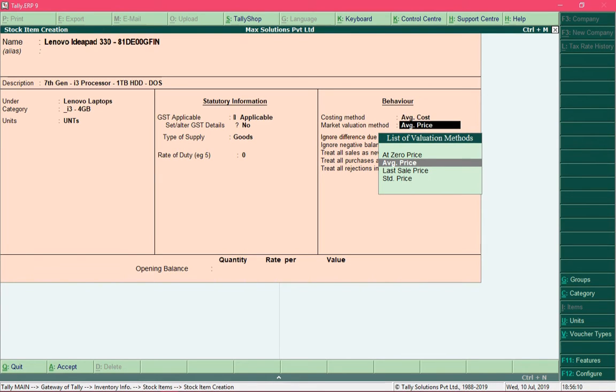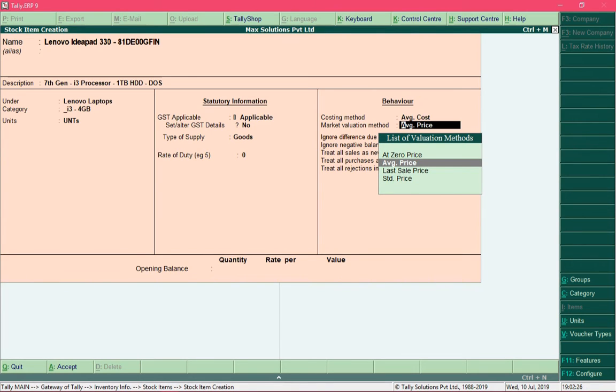The market valuation method will determine the worth of your stock which is lying in your inventory. So there may be cases where the price of a product may increase or decrease. So these methods would determine the true worth of your products.